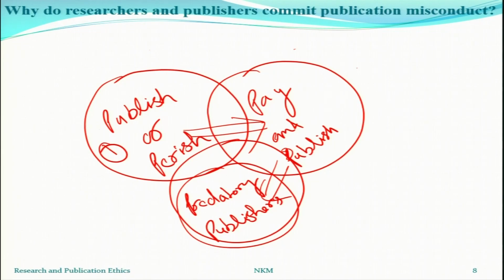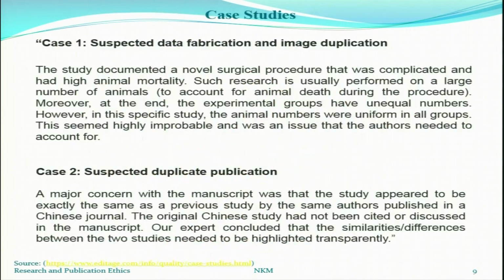So we have to understand these 3 unethical trends that emerged in the research community: publish or perish, pay and publish, and predatory publishers. We will try to understand all these factors in the course of the further lecture.